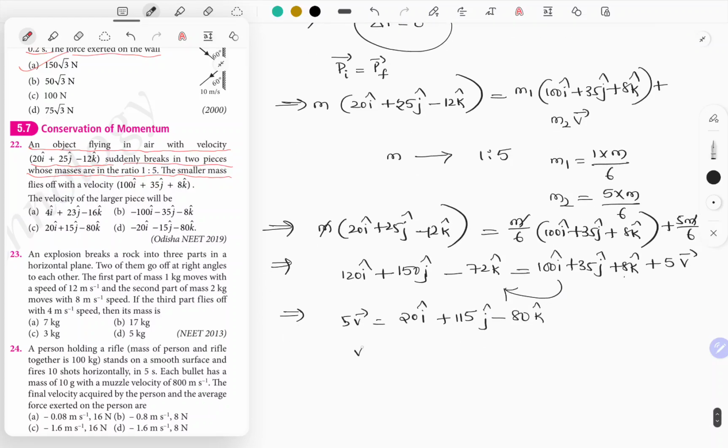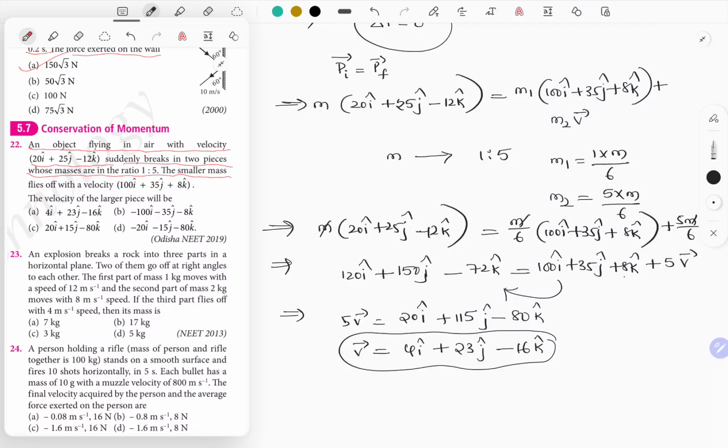So from this, v bar is equal to, dividing the right side by 5, 20 by 5 is 4, 115 by 5 is 23, and minus 80 by 5 is minus 16. So this is going to be the answer: 4 i cap plus 23 j cap minus 16 k cap.